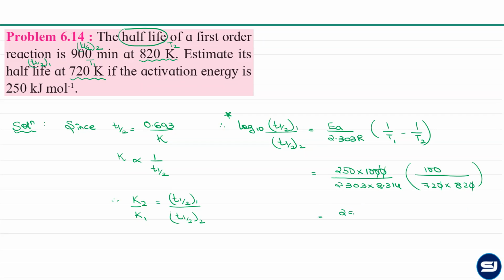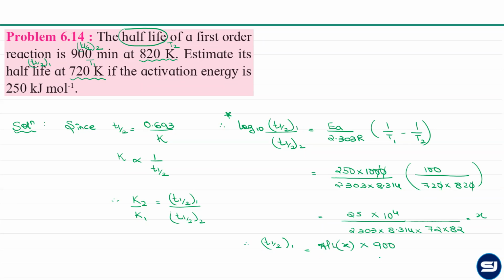So I can write this as 25 into 10 raised to 4 upon 2.303 into 8.314 into 72 into 82. ठीक है, तो ये पूरा सॉल्व करोगे आपको x मिलेगा. Then T half of 1 upon ये वैल्यू 900 दिया है equal to antilog of x. करेक्ट. And then जो भी वैल्यू antilog of x का आया उसको 900 से मल्टीप्लाई करो. Understood. And you will get the time in minutes.